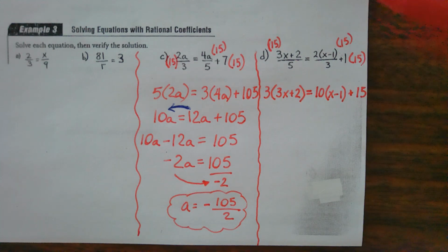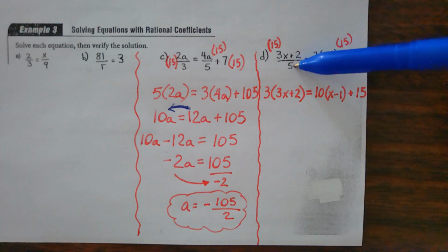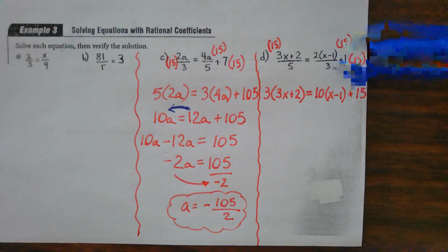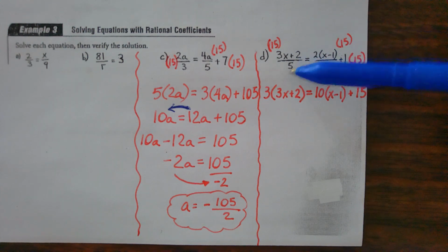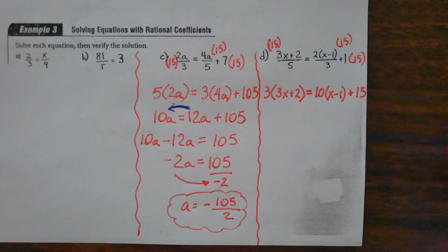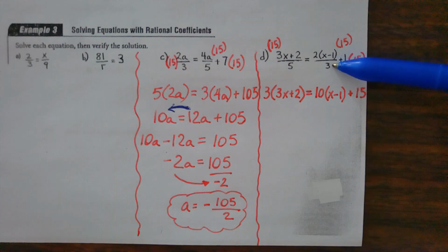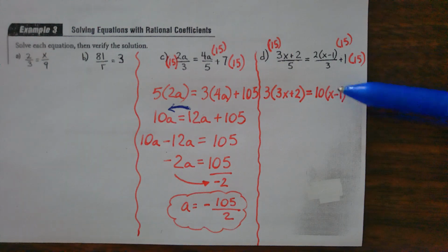Again, just to re-explain this, between 3 and 5, I know my LCD is 15, so I'm multiplying all 3 terms by 15. 15 divided by 5 is 3, so it's 3 times my numerator, which is that. And then 15 divided by 3 is 5. 5 times 2 is 10, so then I have 10 times my x minus 1.